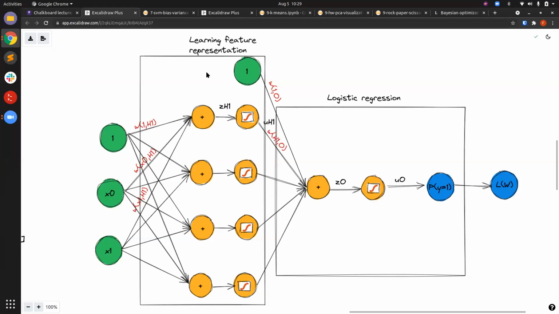We could actually use a neural network for the first part. So we know that neural networks are great at learning features. In some cases, they're even better than PCA because they can learn nonlinear representations of features. So we can use a neural network with, let's say, a feature learning part and another part. What's the other part?